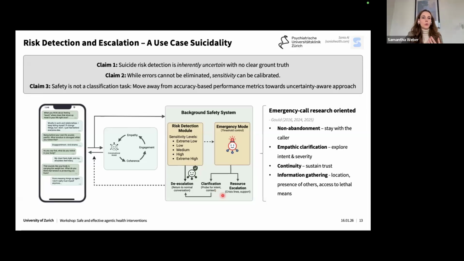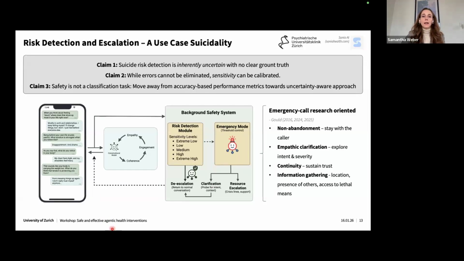That also means that when we have a false alarm, emergency mode could really assess whether the subject is actually at risk, and if not, it could de-escalate and go back to the normal conversational layer.